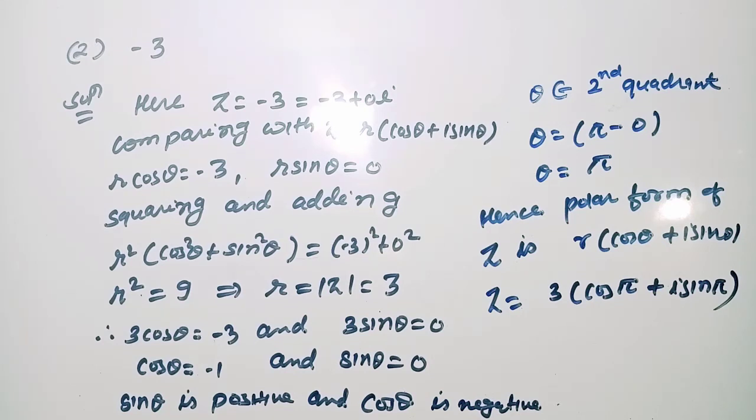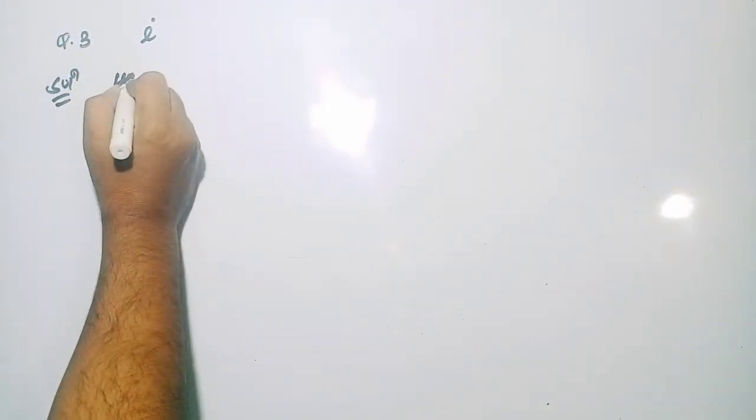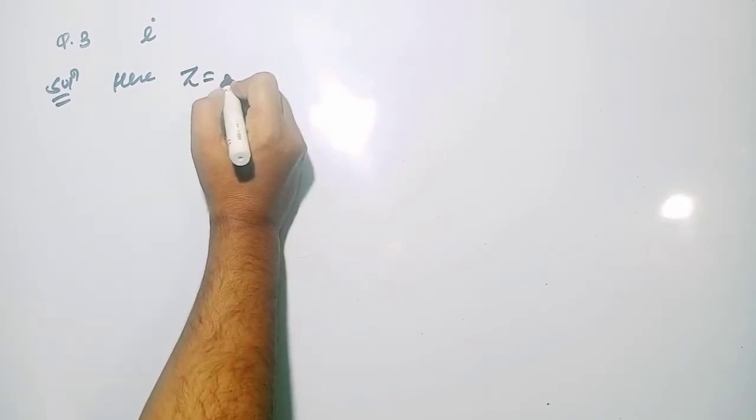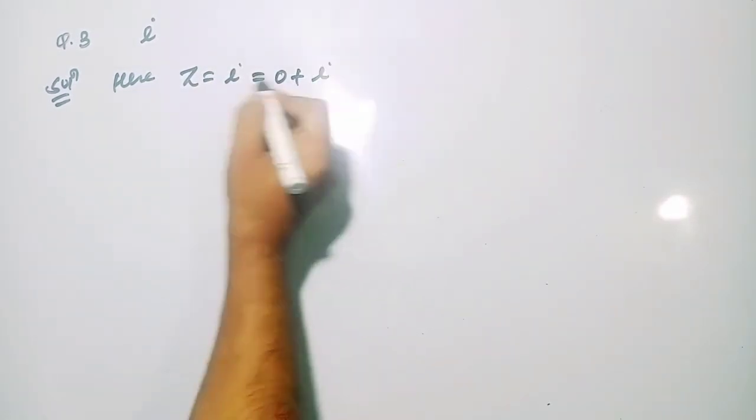Now students, moving to the next question. Iota. Here it has been given that z is equal to iota, so iota can be written as 0 plus iota.